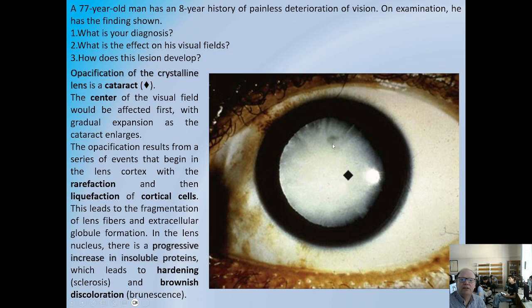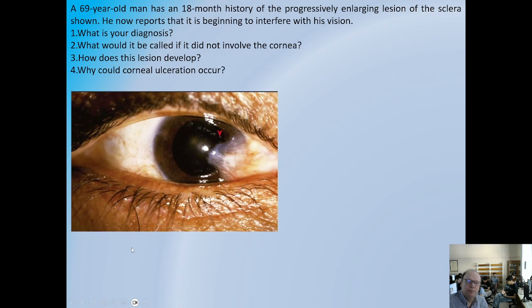This is a cataract. You see the center, which is primarily affected, and we have a gradual expansion, and everything you see becomes vague due to the cataract. So what happens there? There is a liquefaction of cortical cells, and this leads to fragmentation of lens fibers, and this is progressive, and it becomes sclerotic and brownish.